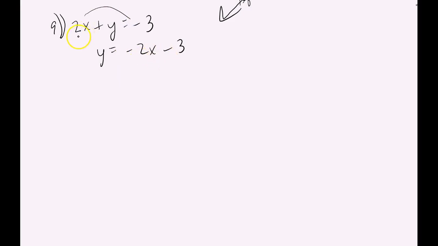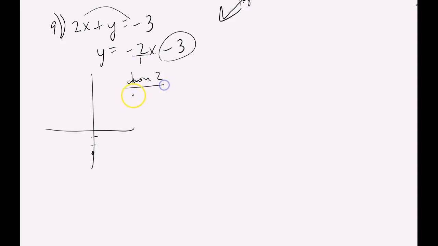You got to do the opposite of what it is to move it. Then you're in business. -3 is where we start. And the slope is -2. And so that would mean down 2, and remember you can always stick it over 1. So right 1, down 2, right 1, down 2, right 1. So yours should have looked something like that.